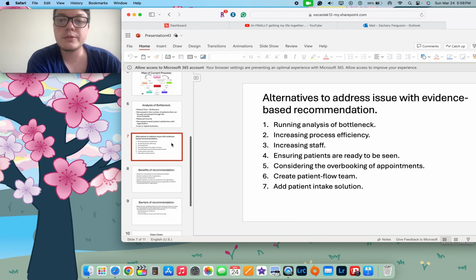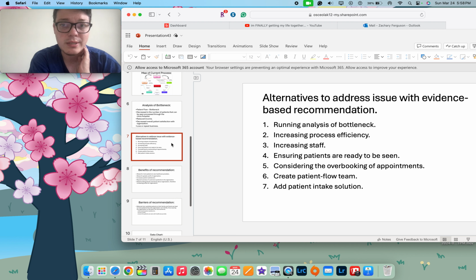So alternatives to address issues with evidence-based recommendations. So first, running the analysis of the bottleneck, which I just discussed, which is the decrease in the number of patients that can be processed through the clinic. Next would be increasing process efficiency to make sure that patients are efficiently moved from signing in, being seen, diagnosed, exiting, getting their medication.